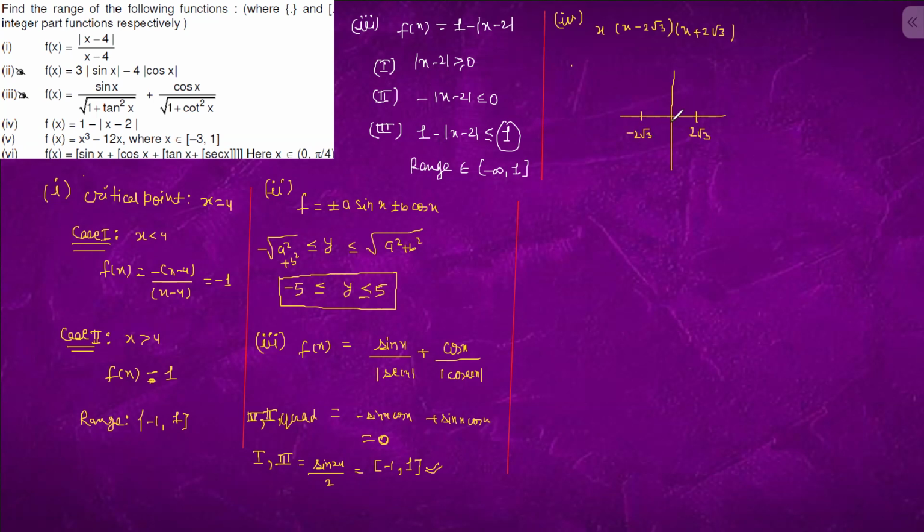At x0 it is 0, x0 plus it is negative. So this is somewhere like this. So minus 3 will lie somewhere here, and 1 will lie somewhere here.